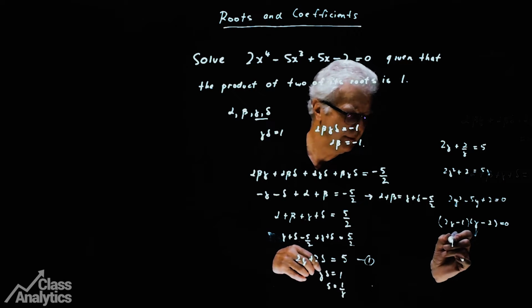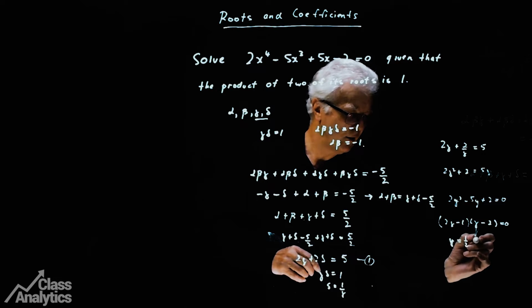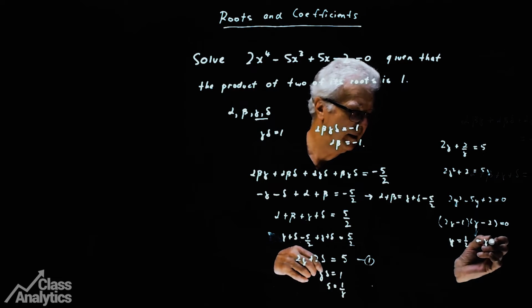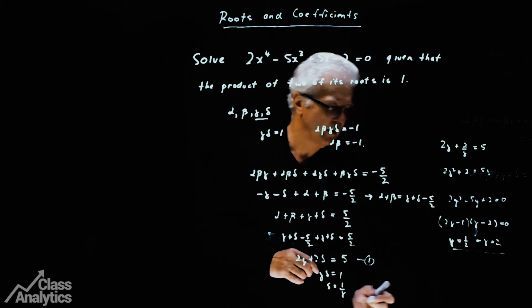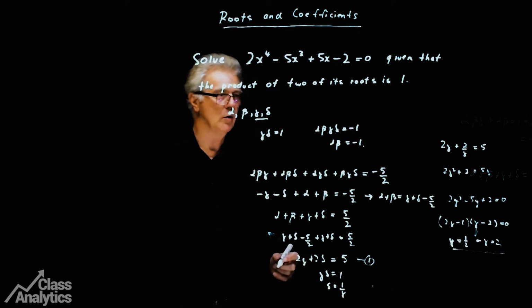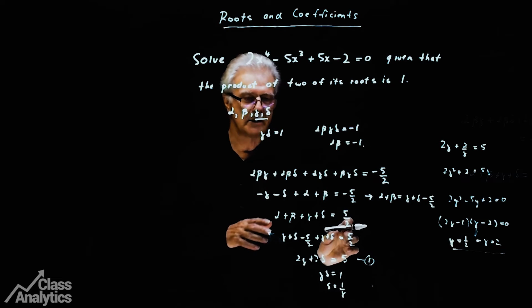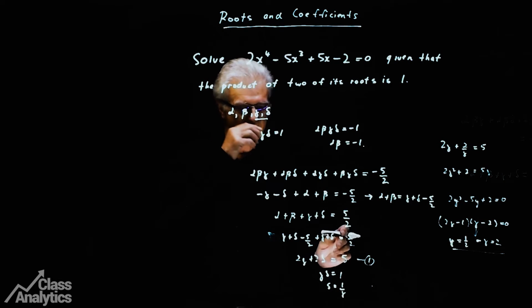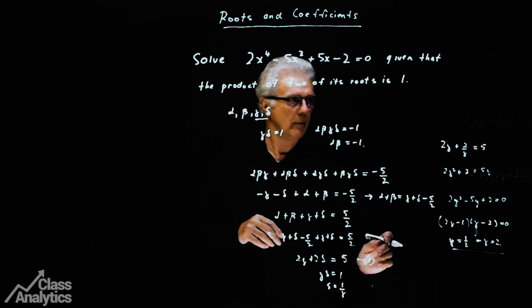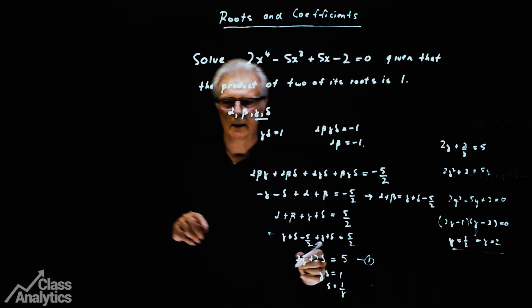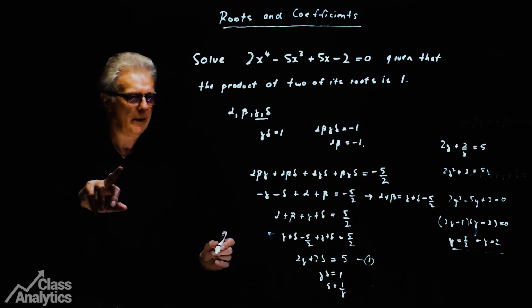Therefore gamma equals a half, or gamma equals 2. We have 2 of the roots. Now what you could do, if you like, is expand that out and divide, but I think it's probably easier to go back into looking at the other ones.